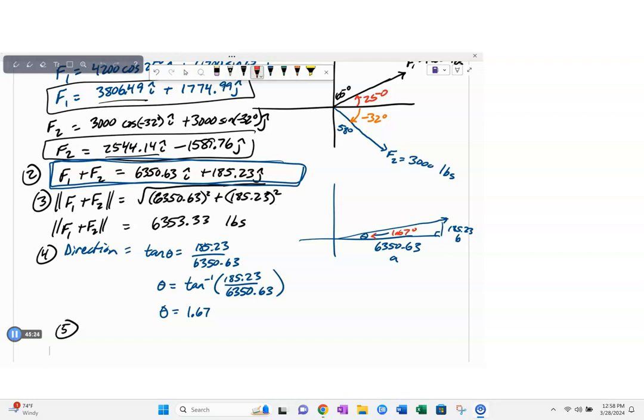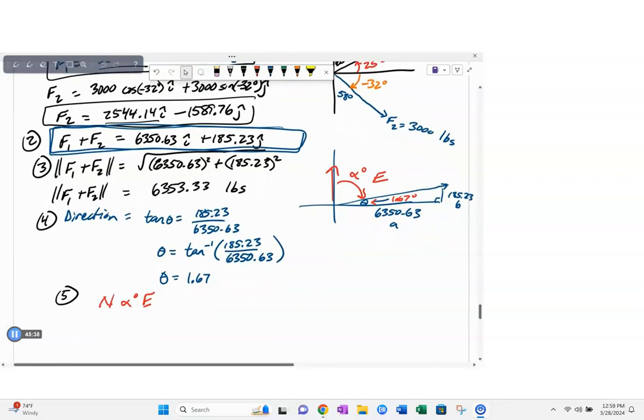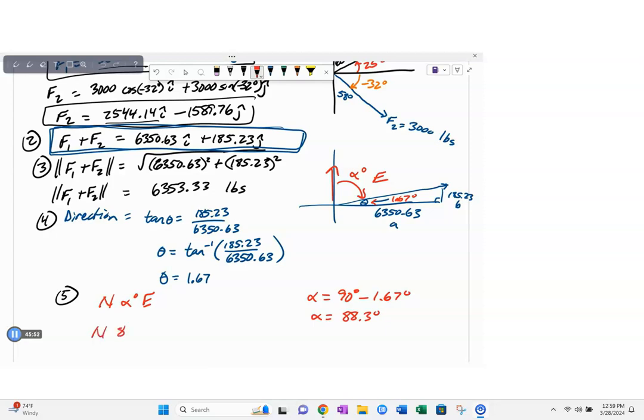We want the bearing north, alpha degrees east. Well, if theta is 1.67 degrees, then alpha would be 90 minus 1.67 degrees. So my alpha here would be 88.3 degrees. So our bearing is north, 88.3 degrees east.